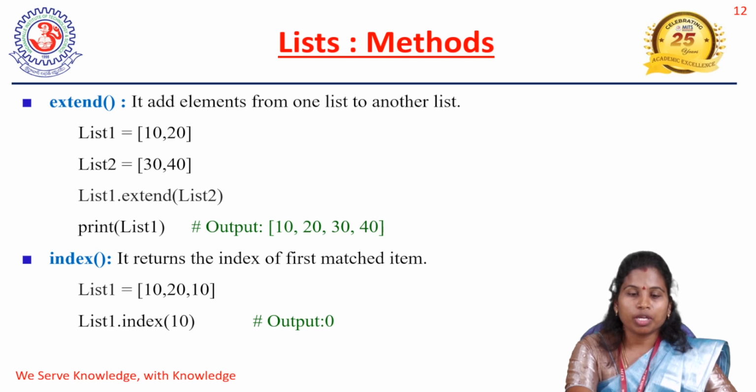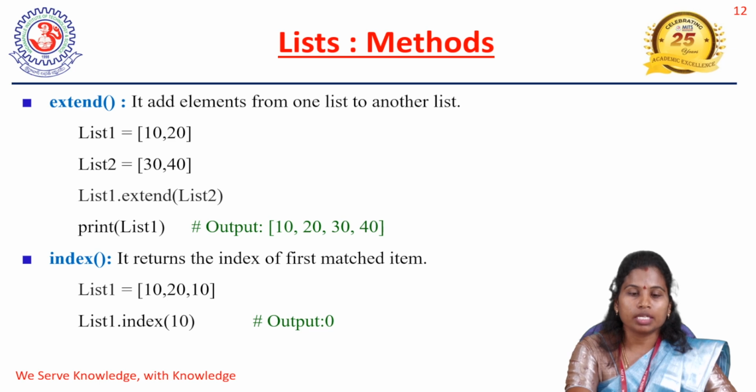Because of this extend function, we can add 30, 40 to the list 10, 20. So if we pass list1 to the print function, it will show you 10, 20, 30, 40, because 30, 40 is added to list1.